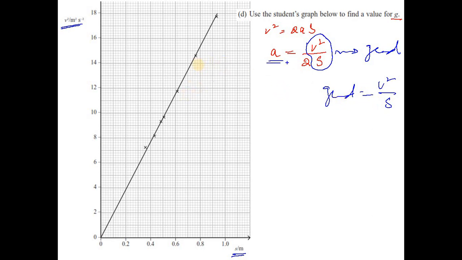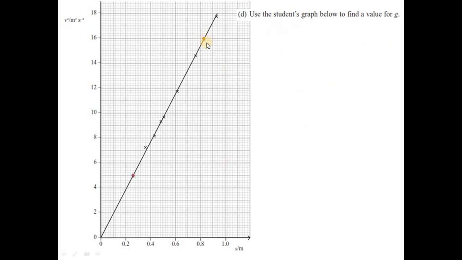So how do we find the gradient? We choose 2 points and make a triangle, and we find the gradient using rise over run, or y2 minus y1 divided by x2 minus x1. These are the 2 points I am choosing here, and these are the coordinates of the points. If you wish, you can show the triangle from these points. The vertical line is the rise, and the horizontal line is the run.